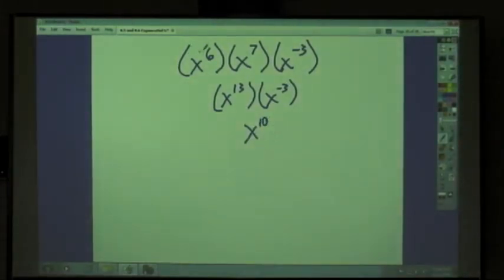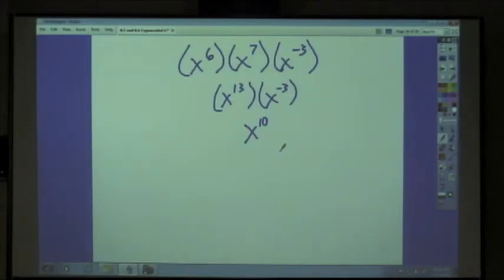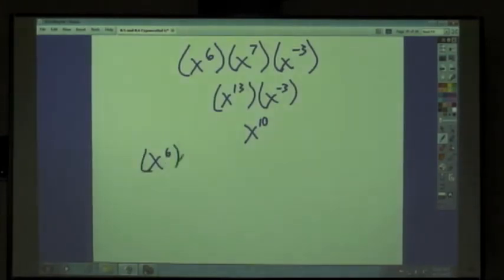Some of you can do that all at once. You can do 6 plus 7 is 13, 13 plus negative 3 is 10, and go straight down to this answer. That's fine. And then there are a few of you who will say, well, Mr. Harrison, can't I just take that negative exponent and move it down to the bottom? So I'd have x to the 6th, x to the 7th, and then move that down to the bottom and have x to the positive 3rd on the bottom.